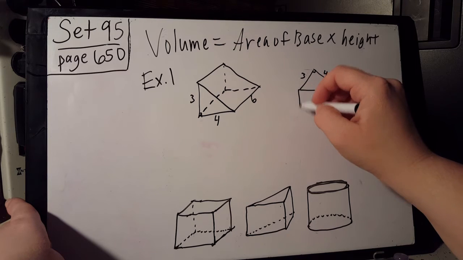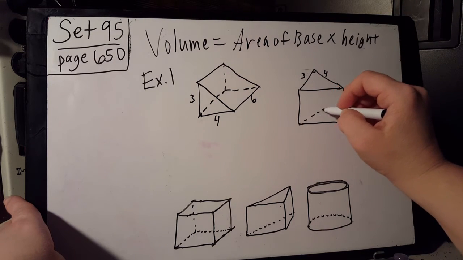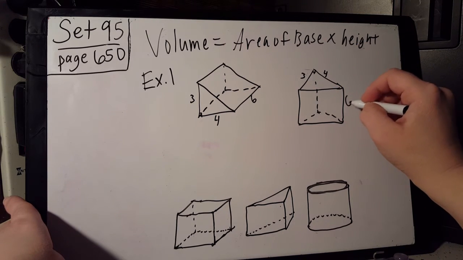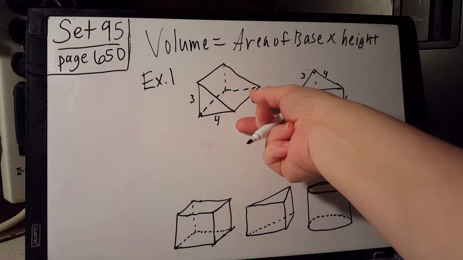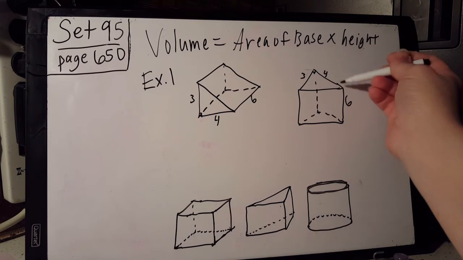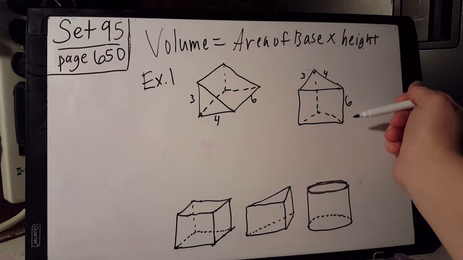We go down and down, straight across, and bring this down, and we have our 6 over here. So essentially what we've done is we've taken this shape. Let's say you had a block that was this shape and you just turned it up on this side. Now it looks like this. So our triangle is our base, and our height is the up and down part here.